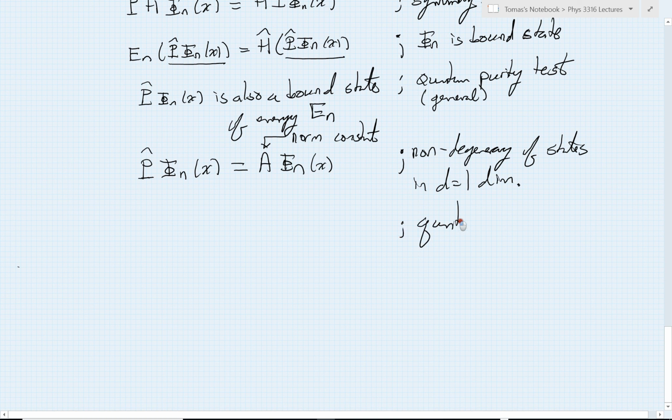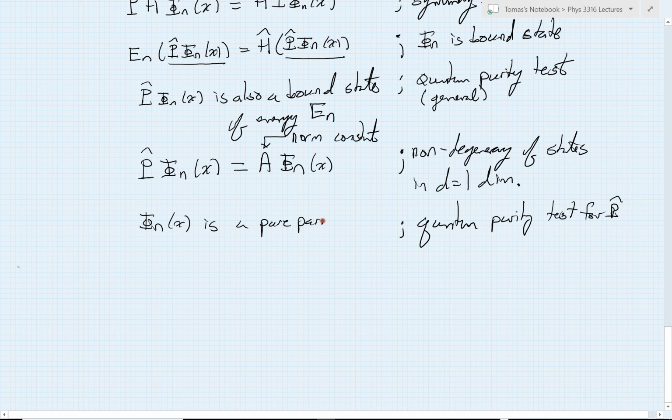So therefore, we can conclude that phi n of x is a pure parity state.